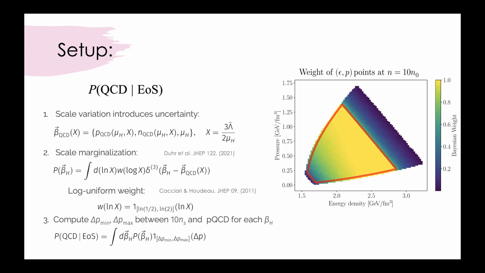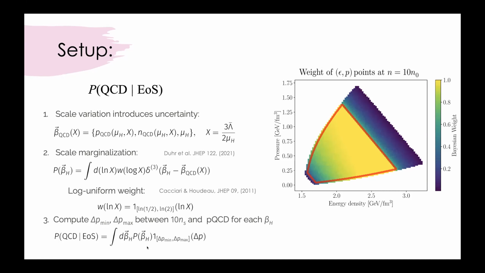And then we follow a scale marginalization interpretation of these renormalization scale variations to form a Bayesian probability distribution of the PQCD result at these high densities. And we marginalize over the renormalization scale with a logarithmically uniform distribution.